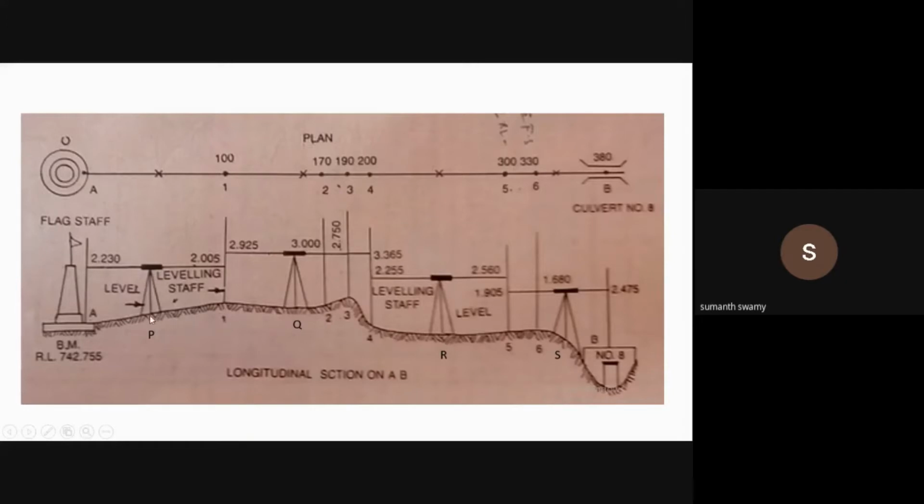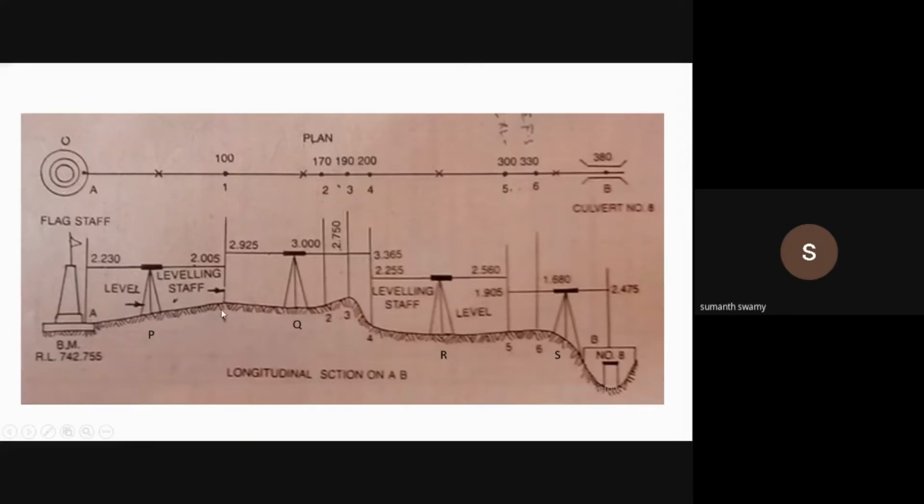Initially, you could see the station is established at point P. Once it is leveled, the leveling staff is kept on top of the benchmark and the reading is observed. Here the observed reading is 2.230. Later, by tilting the telescope, the next point, that is the foresight, is observed by keeping the staff at that point.